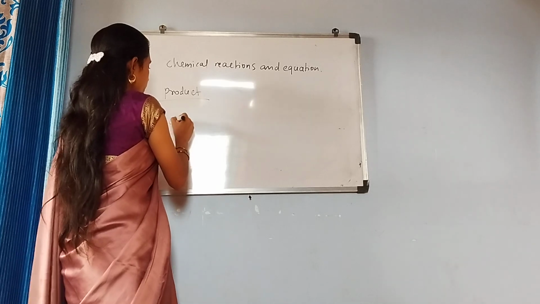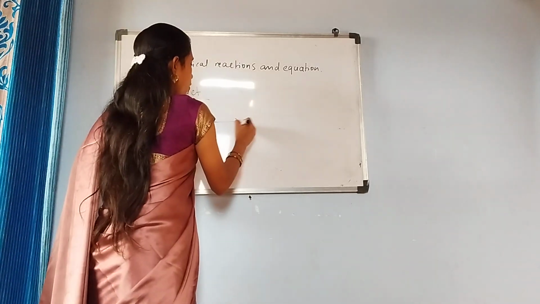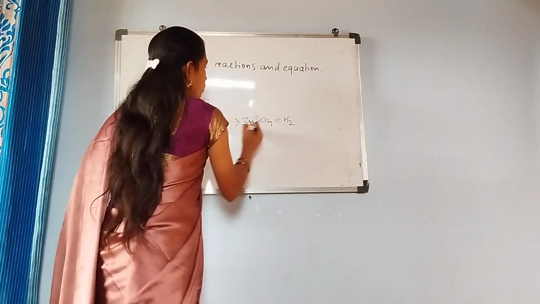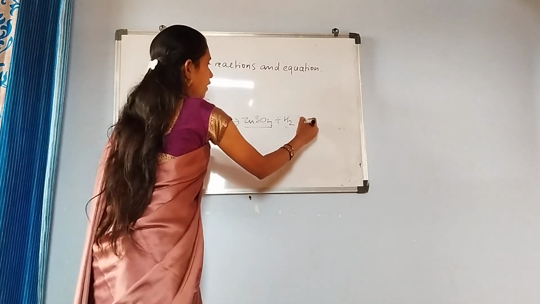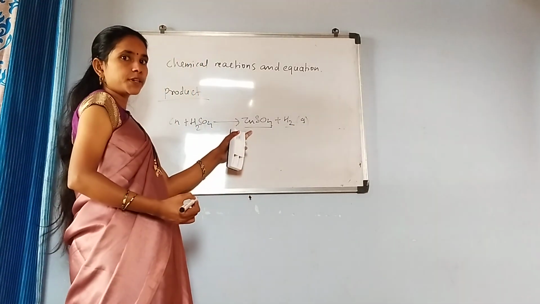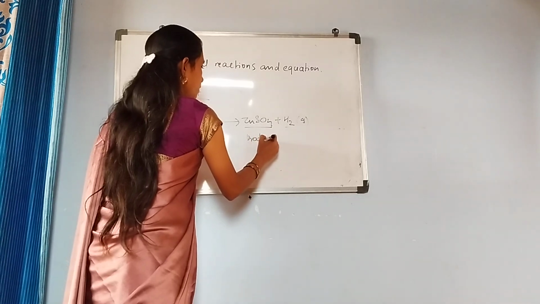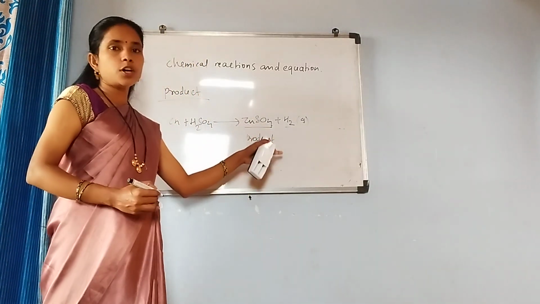So now zinc is reacting with sulfuric acid and forming zinc sulfate plus hydrogen gas. Zinc sulfate is called a product, and hydrogen is a byproduct in the form of gas. The substance which is formed from the reactants is called a product.